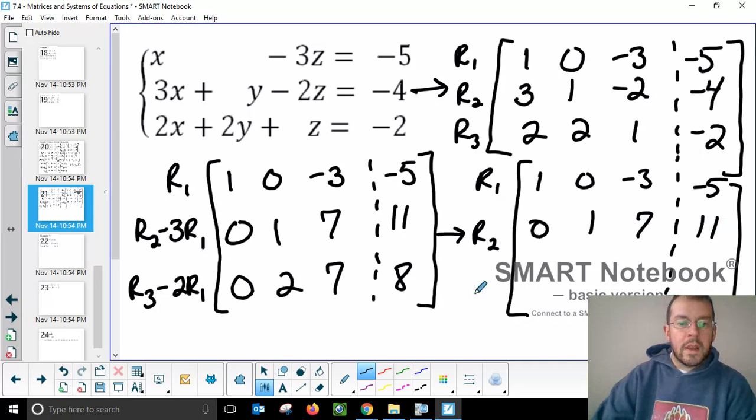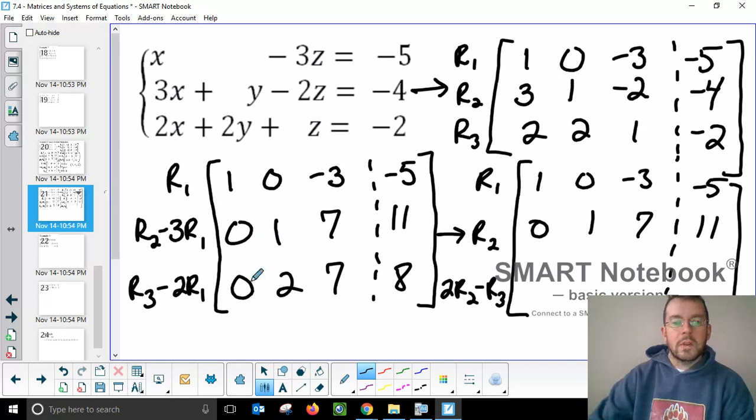All right, and here we can say 2 times row 2 minus row 3. So 0 minus 0 is still 0. 2 minus 2 is 0. 14 minus 7 is 7. And 22 minus 8 is 14.